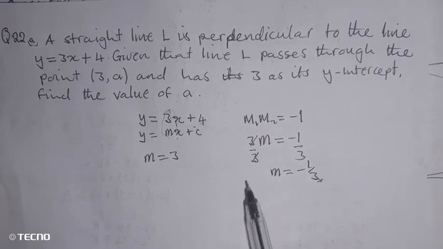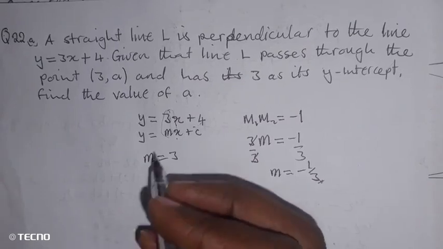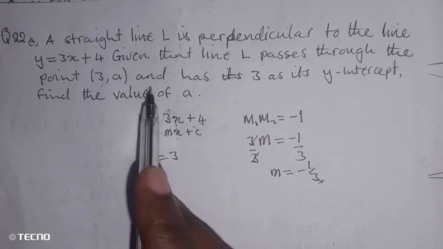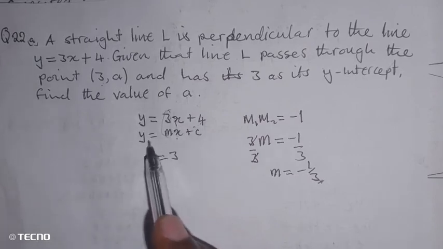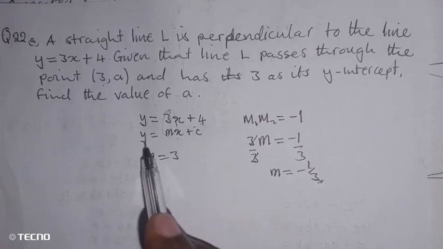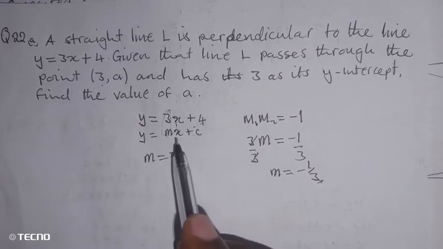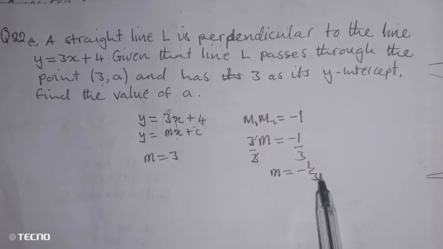Now we have already been given the values that are going to be in our general formula. Where there is y, we replace by a. Where there is m, we replace by the gradient.